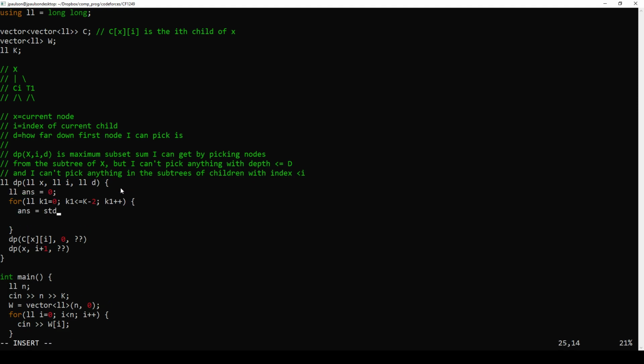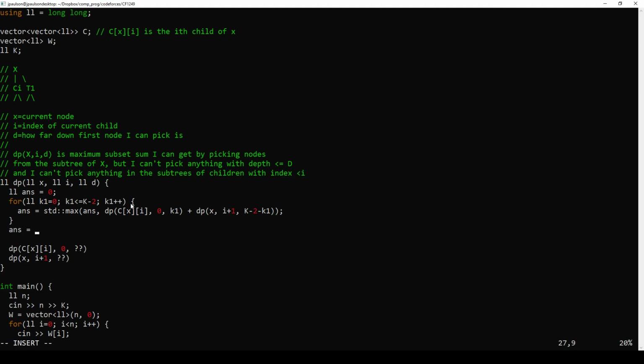So the answer equals, and then we also have to think about whether or not we want to include x itself in the subset, which we will do separately. Okay, so one possibility is that you could do dp of the child, and the child has to stay at least k1 away, and also the rest of the children, and they have to stay at least k minus 2 minus k1 away.